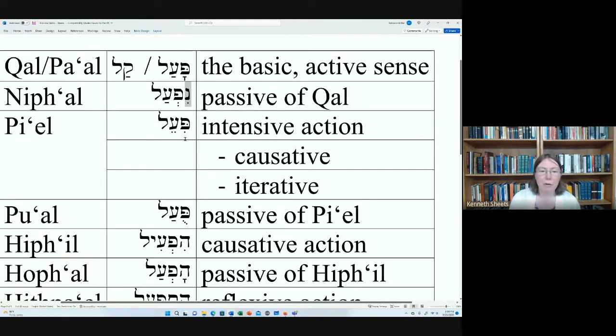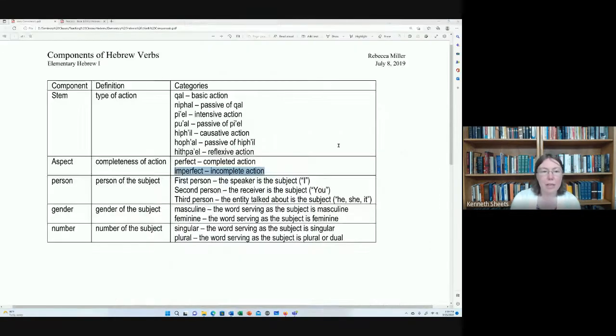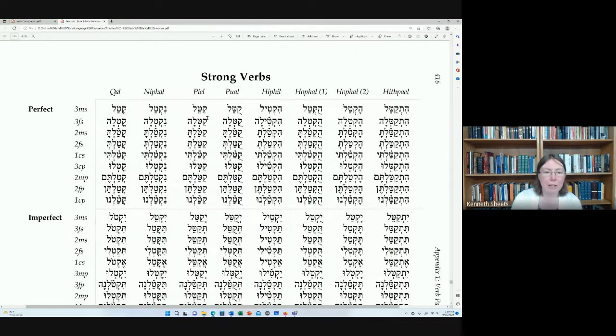Piel, very often you're going to have that a pointing that you can see right here, the hiriq underneath the pe, and then the tsere underneath the ayin. And then also with the ayin, you're usually going to have that dagesh forte in the middle root letter. It's not here because the ayin is a guttural, and gutturals do not take the dagesh forte. But if we were to come on over here, you can see the Piel stem.